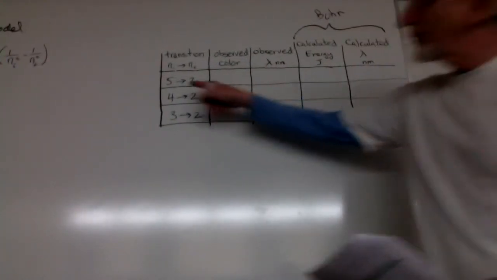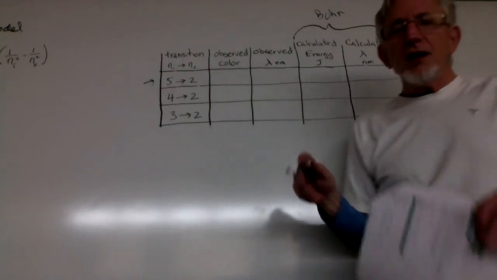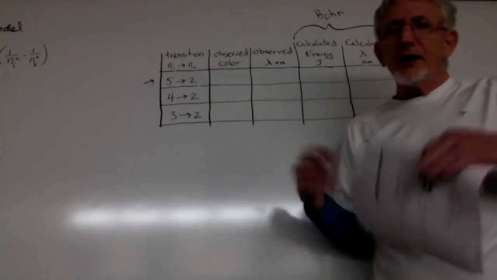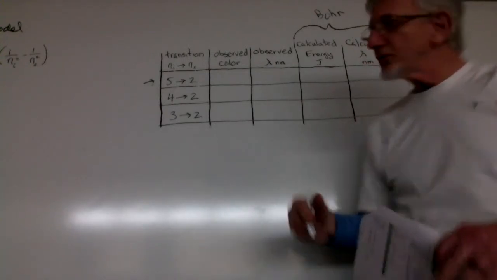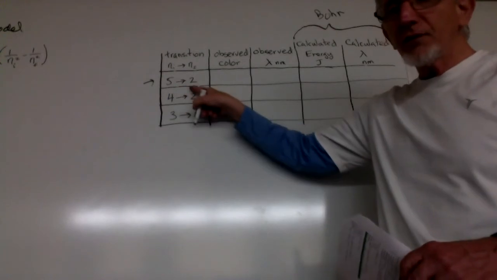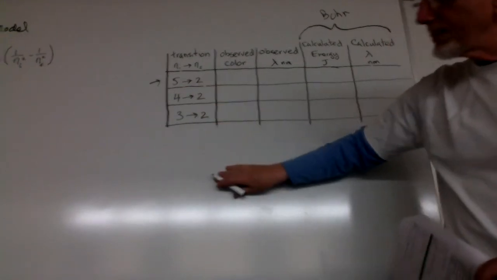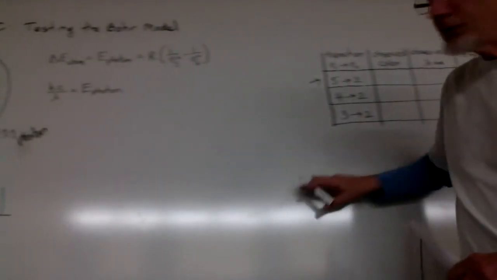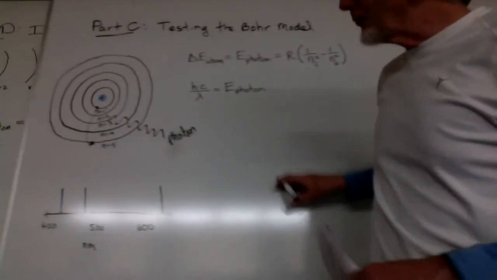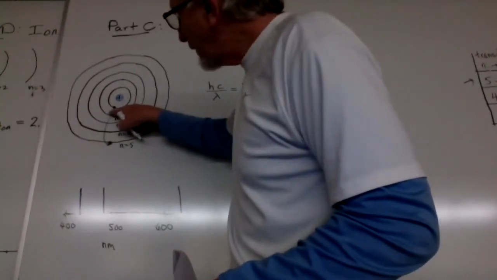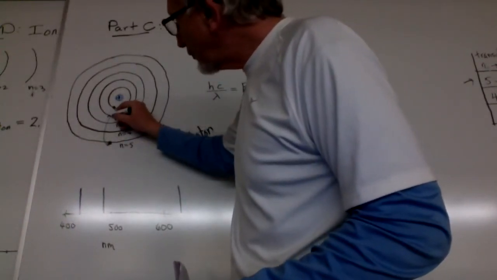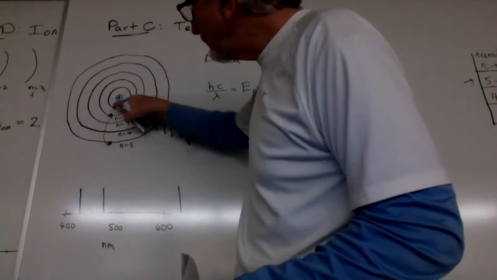So what we want to do right now is, let's start with the first one here. We'll do one example, the transition of a hydrogen atom undergoing an energy transition from the n equals 5 state to the n equals 2 state. So that would be like we did here, but the electron would be going from n equals 5 to just n equals 2.